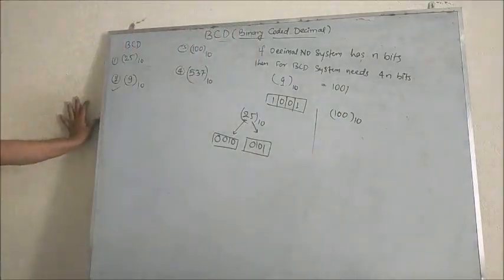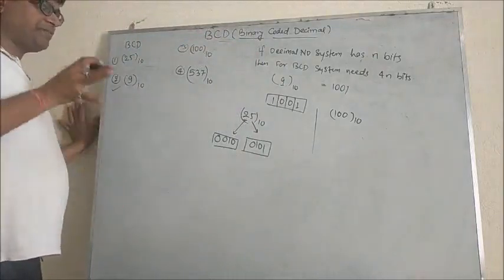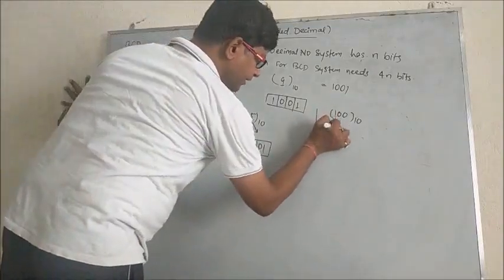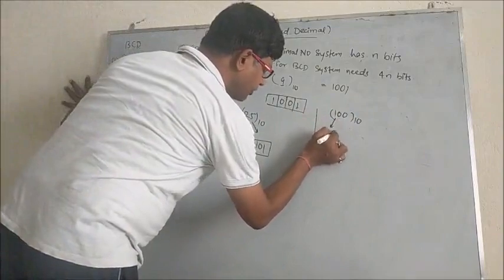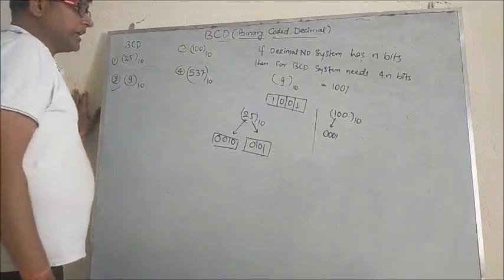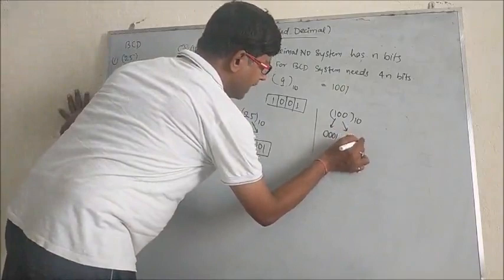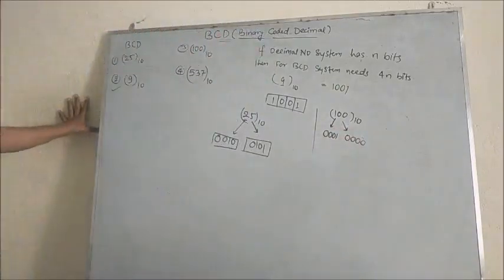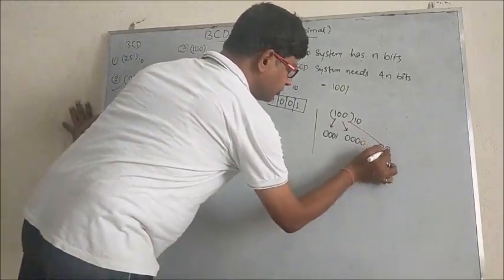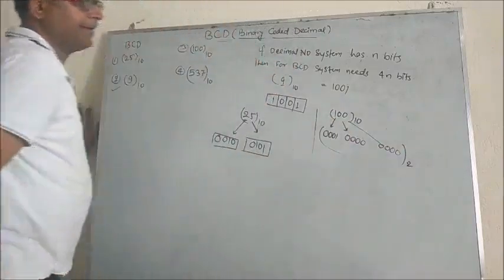So how many binary digits are required? 12 binary digits. Or simply you can remember that you take the BCD of each digit separately. So what will be the BCD of 1? 0001, right? Similarly, what will it be for 0? 0000, right? Similarly for the third digit, 0000. So what will our total BCD be? This is our BCD.